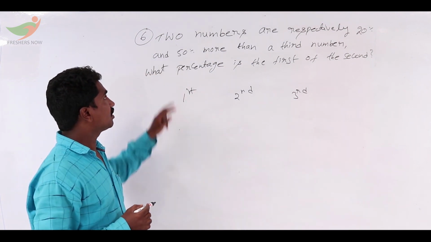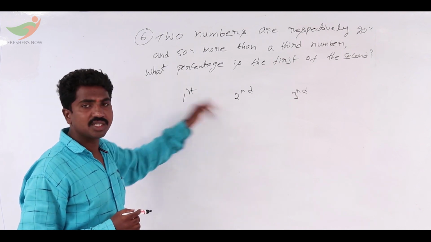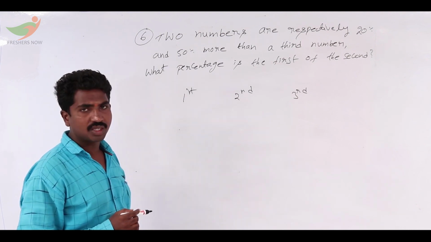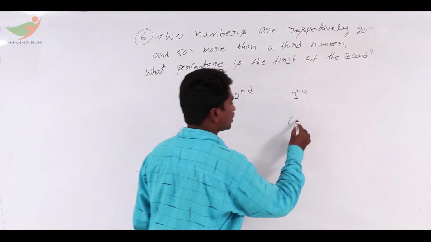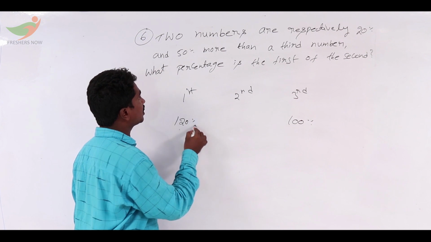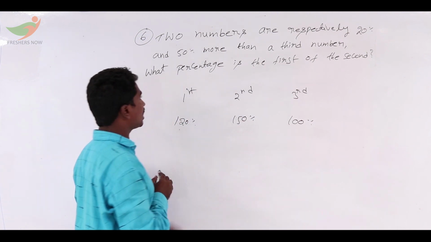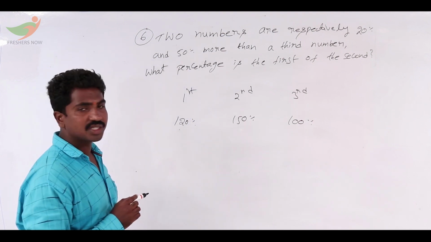The first and second numbers depend upon the third number. So we take the third number as 100%. 20% more, so the first number is 120%. 50% more, so 150%.